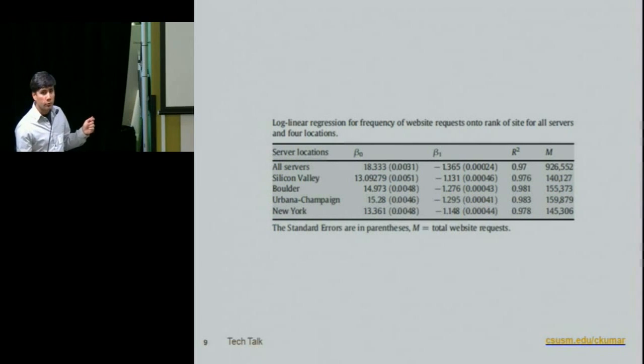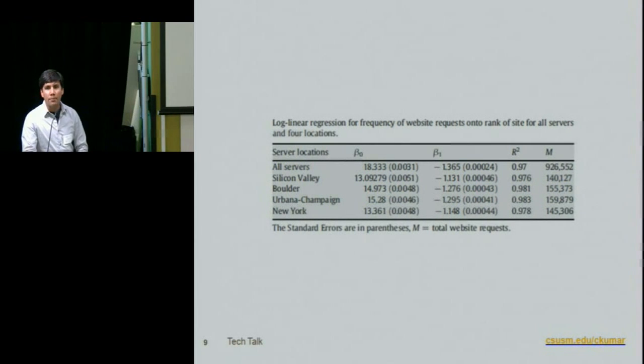Once we ran the regression, we observed a very high R-squared value for both the all servers pooled data as well as for each of those 4 individual locations. So this shows that there's a good linear fit between frequency of requests and rank of site for both aggregate as well as those 4 individual locations.